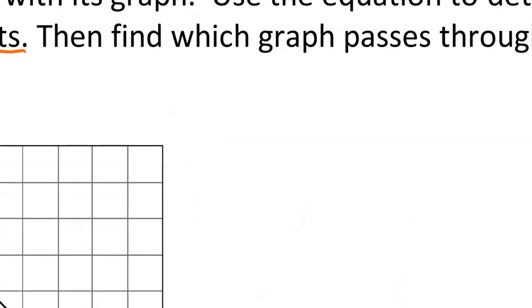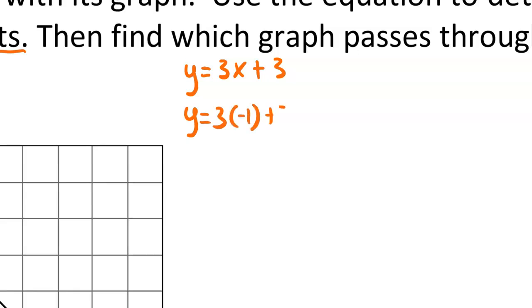So we'll start off with our first equation. Y equals 3x plus 3. Now I'm going to use my negative 1. Y equals 3 times negative 1, which is negative 3, plus 3.